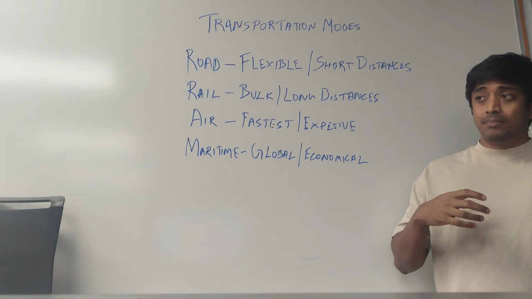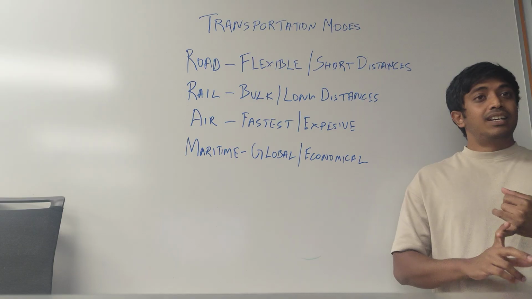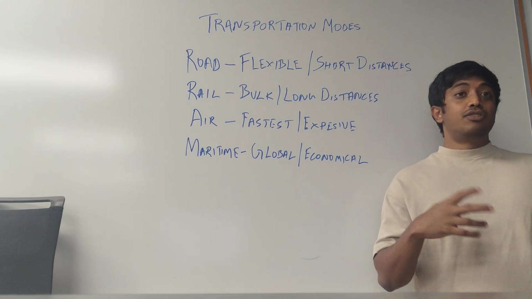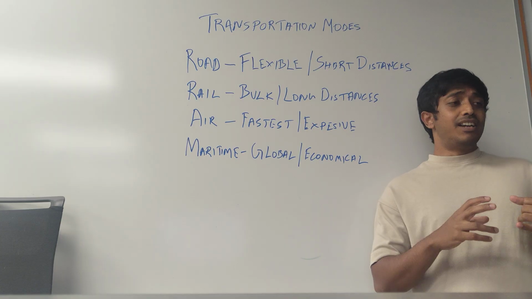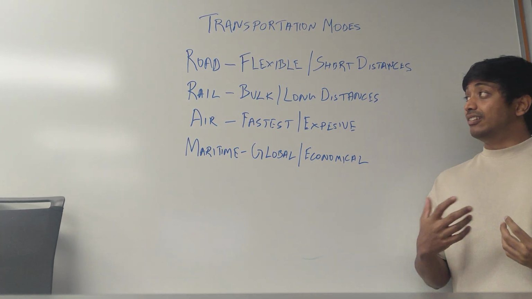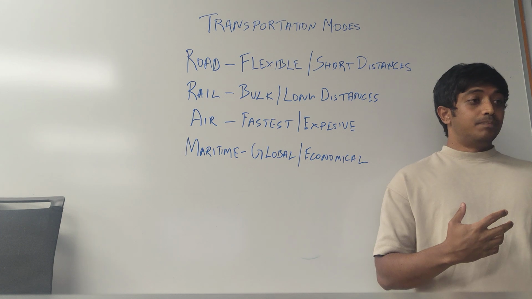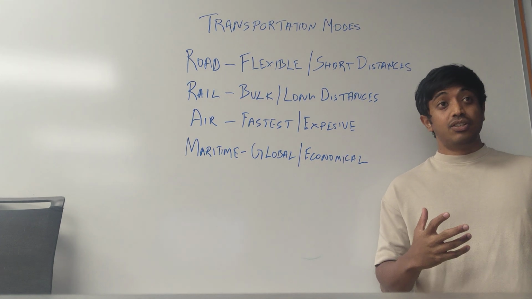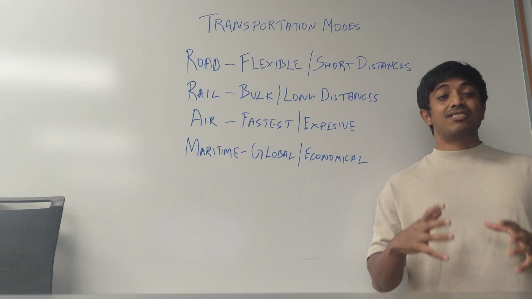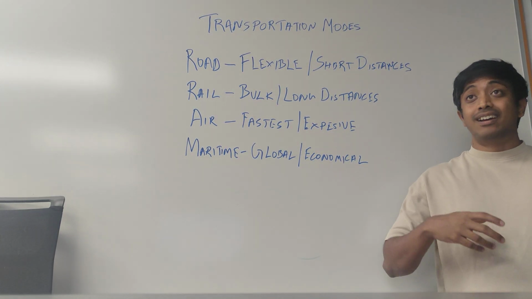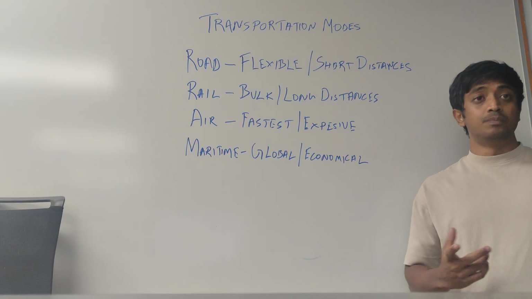So first, cost. It is generally considered higher per ton-mile compared to rail or sea. And the lead time is quicker in local and regional locations, but it is unreliable for longer distances because it can be affected by weather.